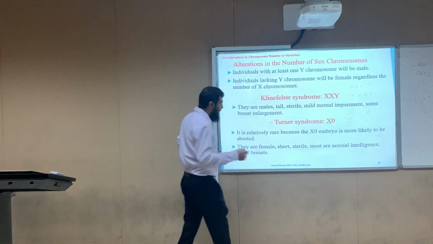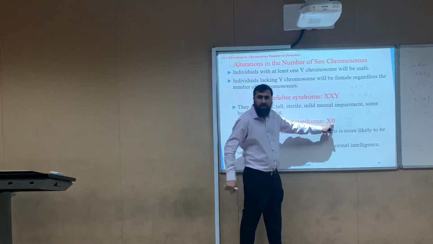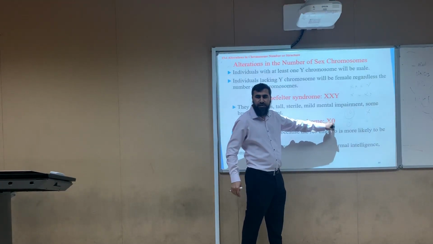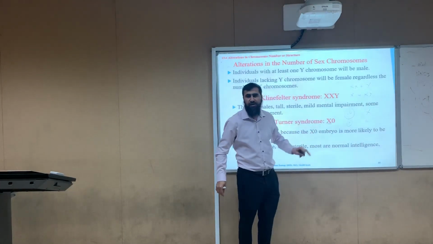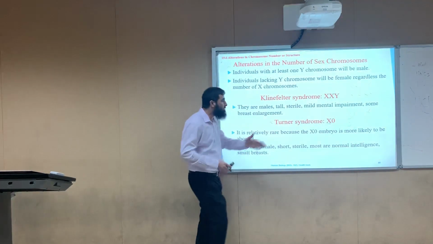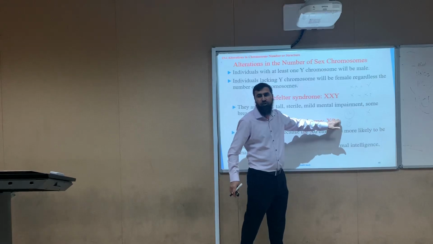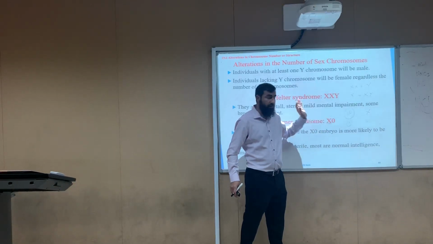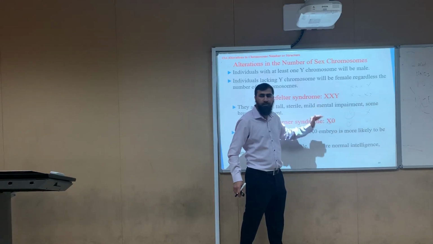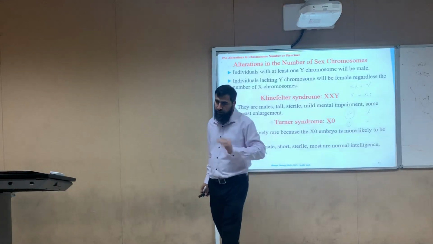Here we're showing just where the other X is missing, but there are variations in this disorder. Sometimes parts of the second X chromosome are there. Depending on which parts, the severity of the syndrome can vary.